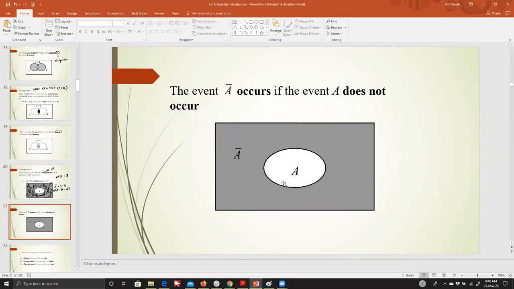Wherever A is not true, A bar is true. Are you clear on all three operations: or, and, not?